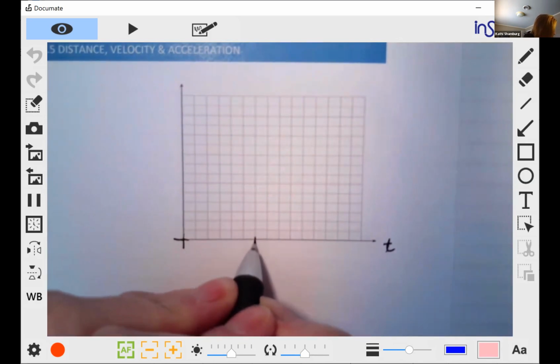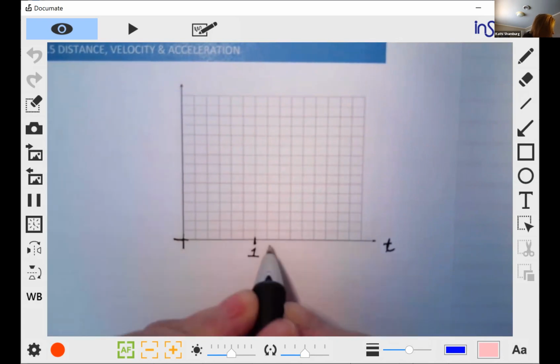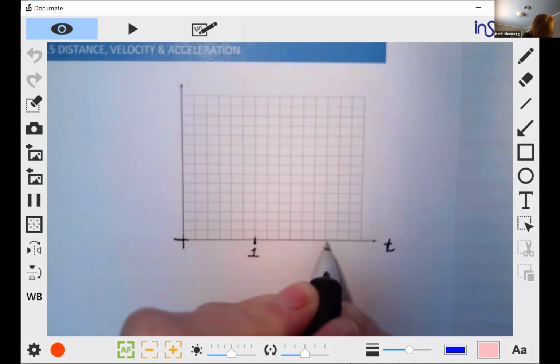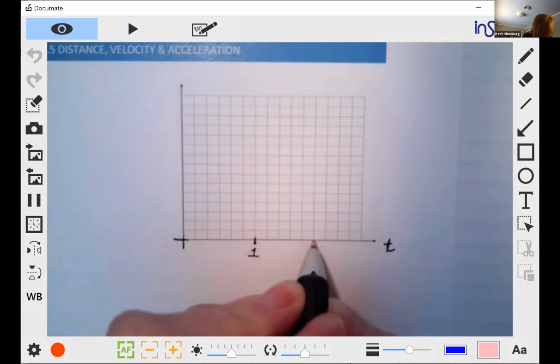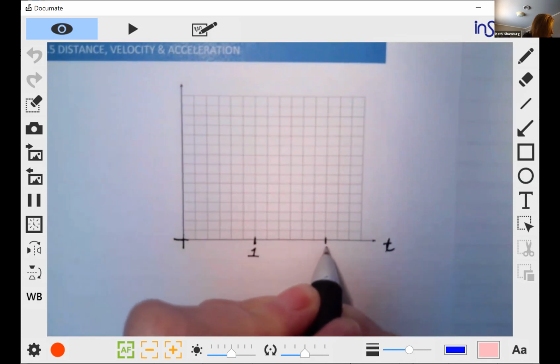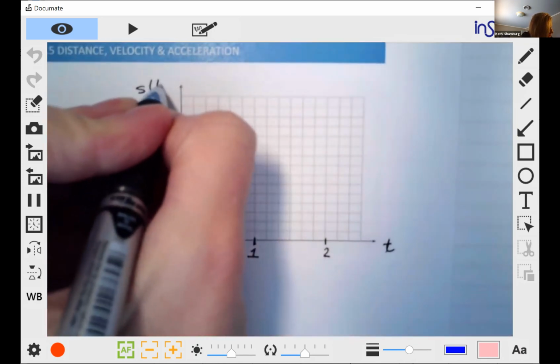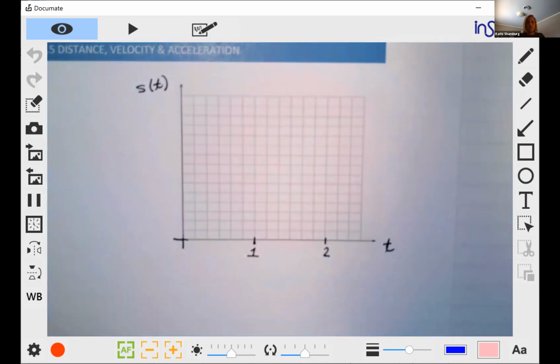Here I'm going to put 1 hour of drive time, and here would represent 2 hours. Output is the distance that you have driven. So input is time, output is distance.